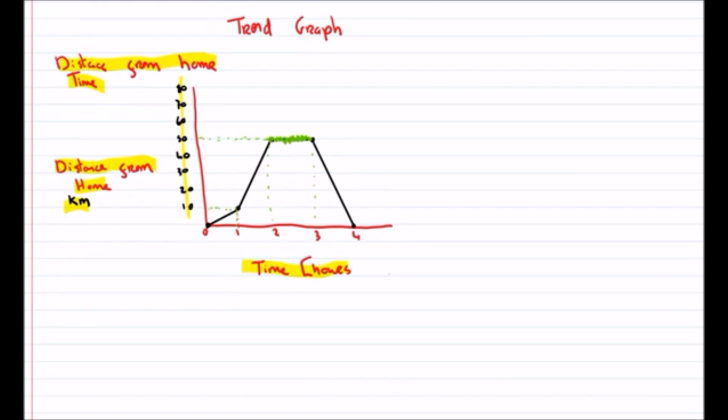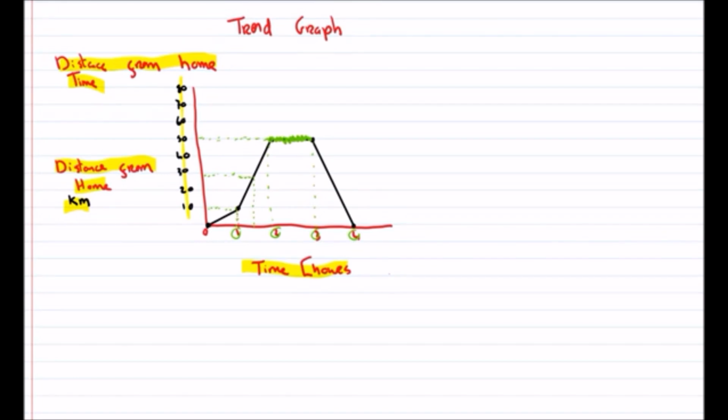And after 4 hours then they got home. Right, but we can see then we're not just limited to after 1 hour, 2 hours, 3 hours and 4 hours, because I can look and I can see how far they were from home after 1.5 hours. Okay, so it's about 29 kilometers from home.